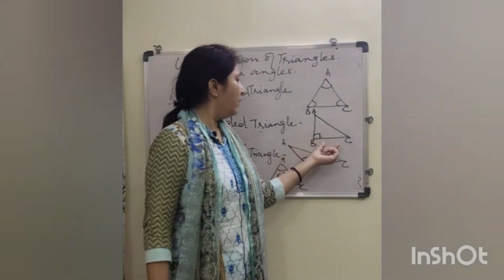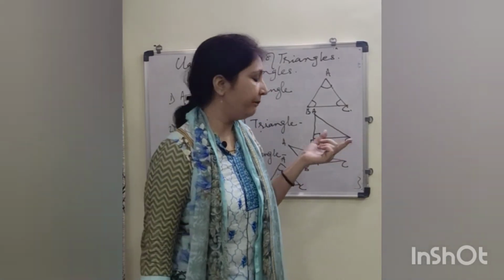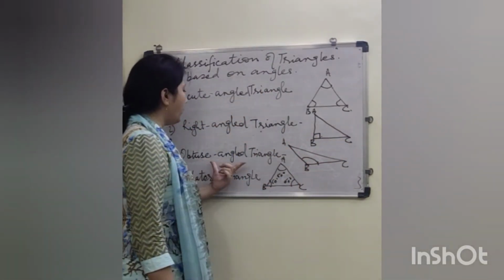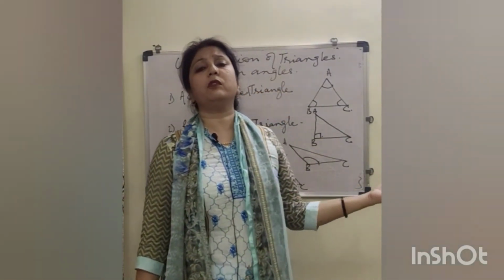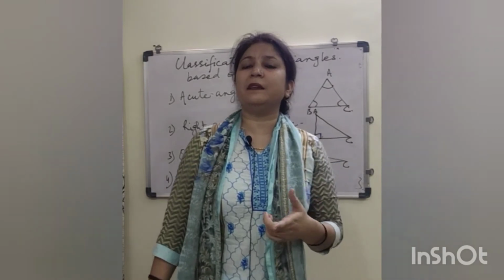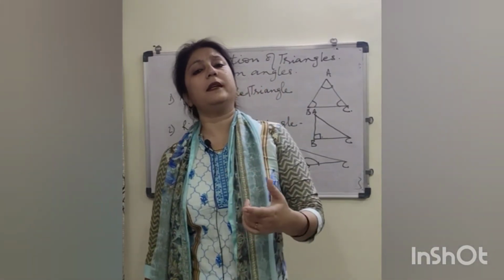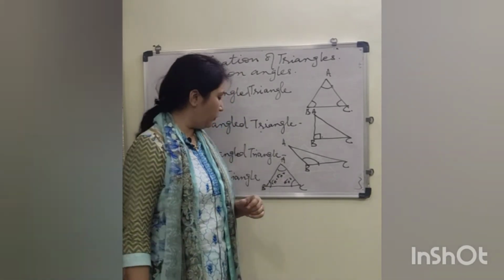You are familiar with this because you have done Pythagoras theorem. Now the third one is obtuse angle triangle, in which exactly one angle is obtuse, the rest two are acute. Obtuse angle means an angle which is greater than 90 but less than 180 degrees.